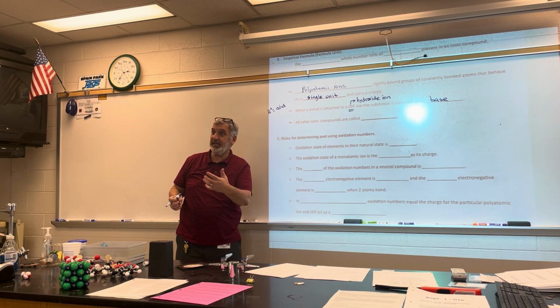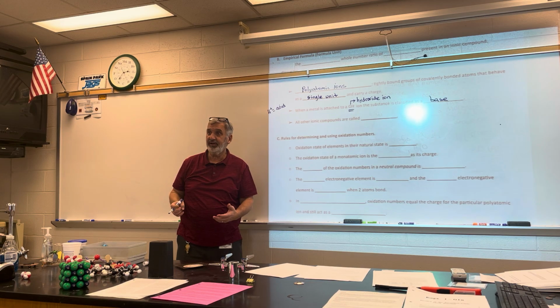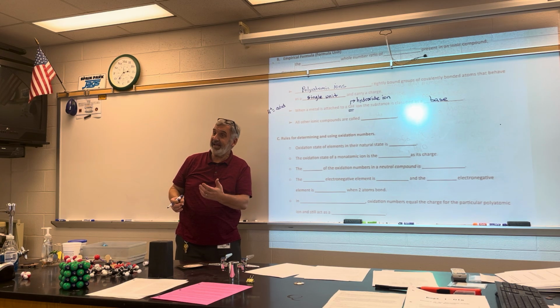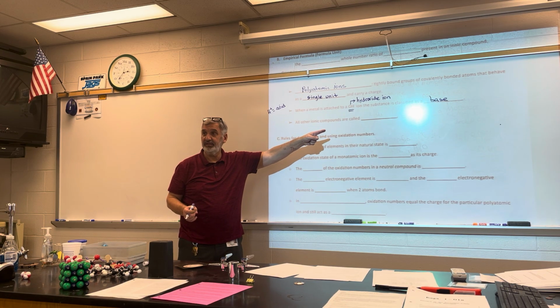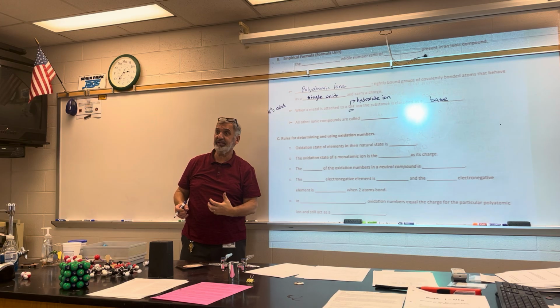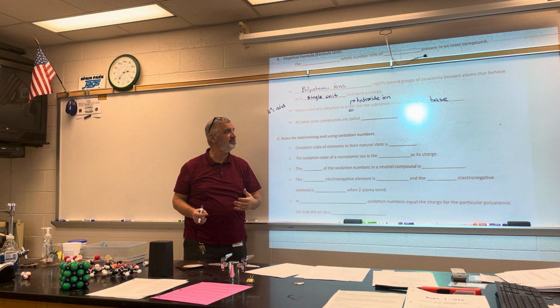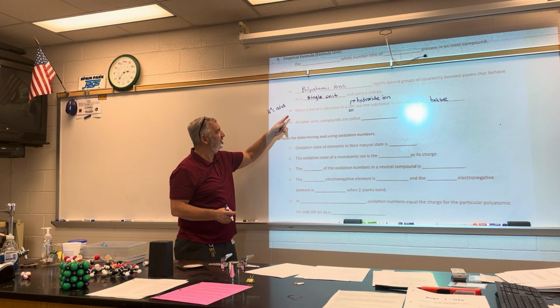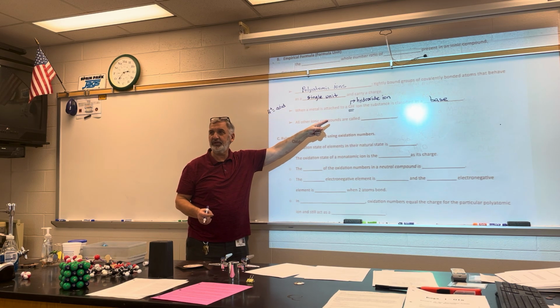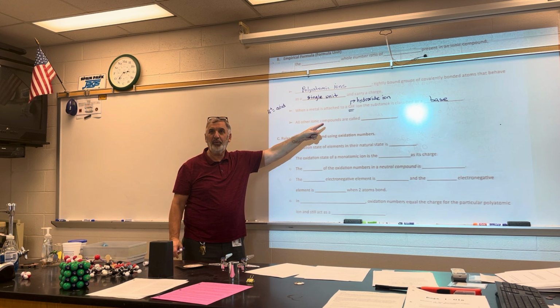What's ant mean in antacid? Not. Opposite, right? Ant is the opposite. An antacid is a base. It's going to neutralize that stomach acid. Bases neutralize acids, acids neutralize bases. Because if I put H plus in with an OH minus, what am I going to make? I know, but what compound? H2O, H-O-H.